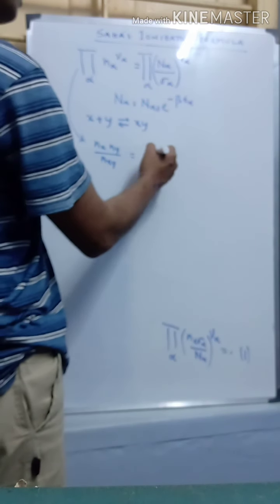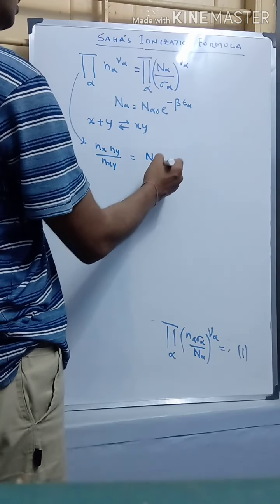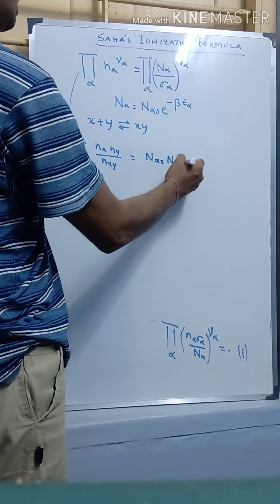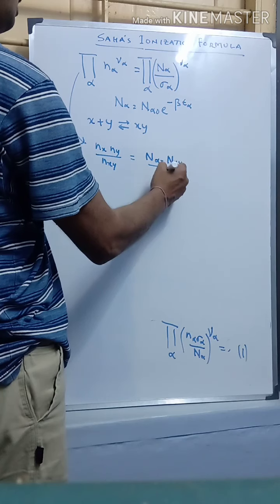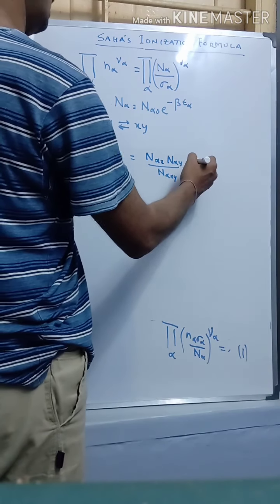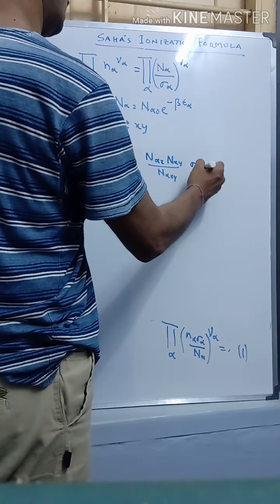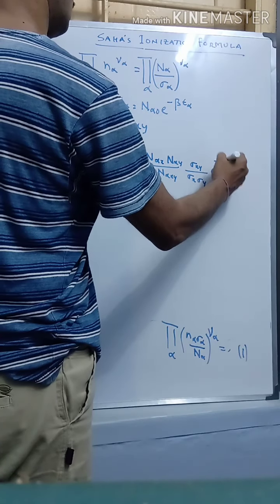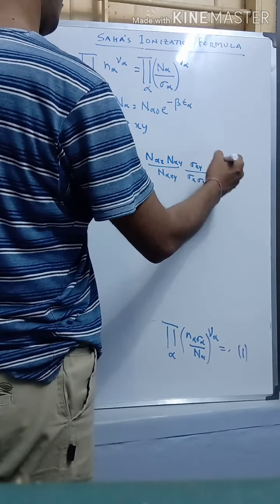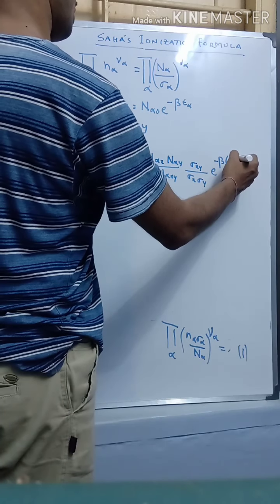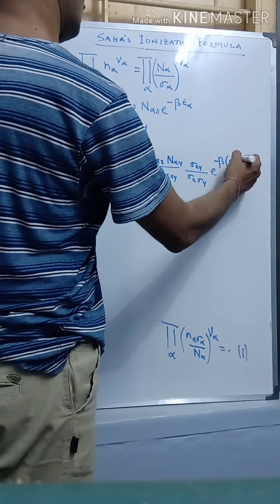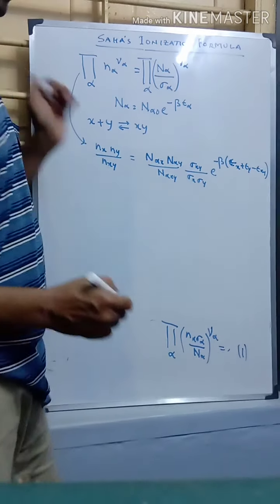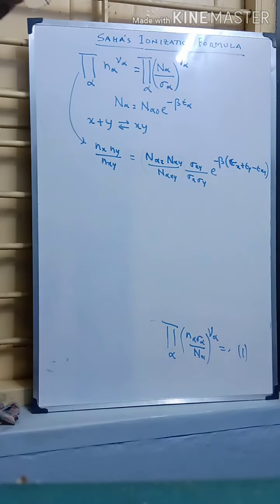So that would be equal to n of alpha x, n of alpha y divided by n of alpha xy, and similarly sigma xy by sigma x into sigma y e to the power minus of beta and then epsilon x plus epsilon y minus epsilon xy. So that should be the relation.